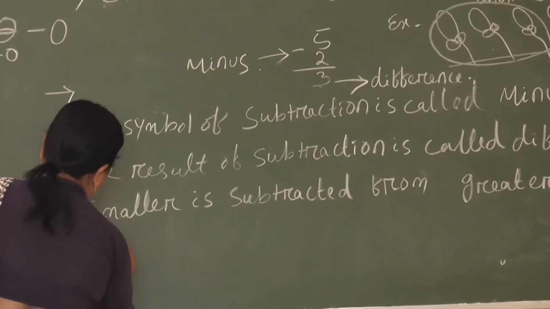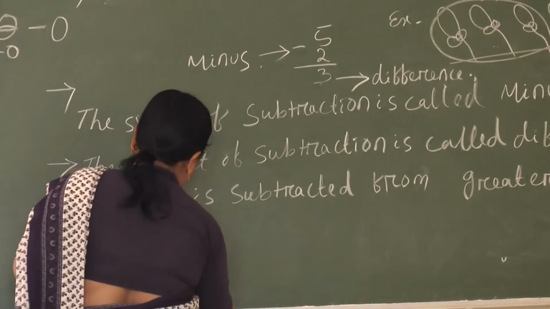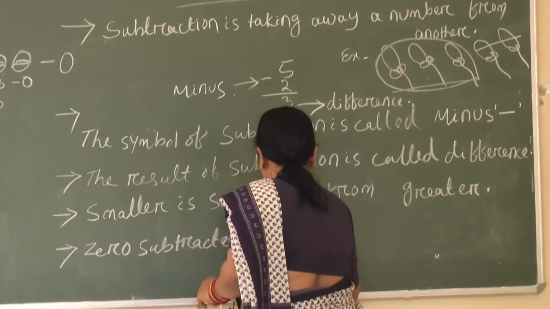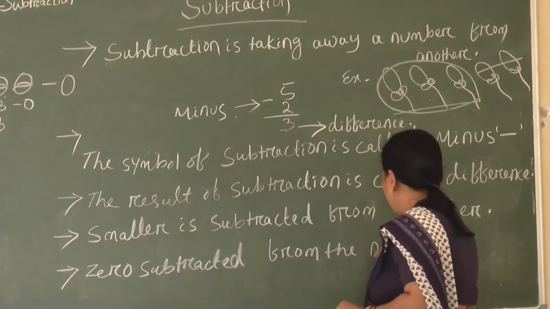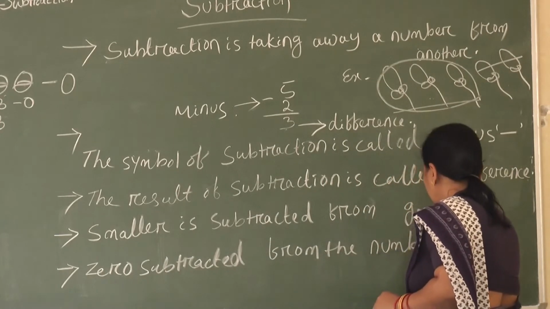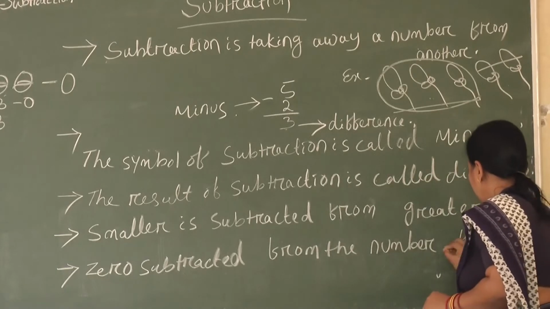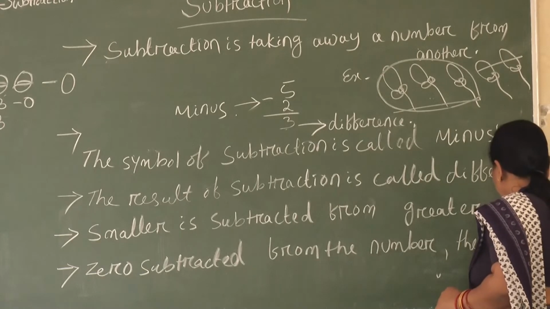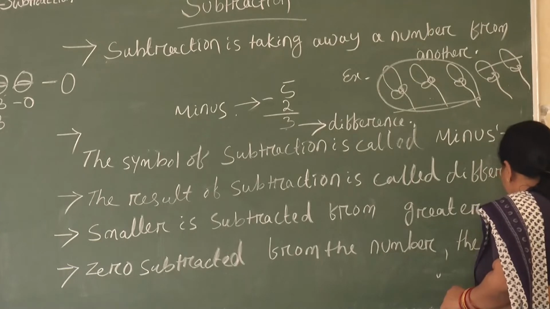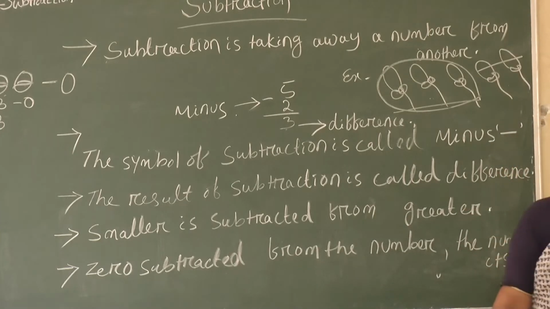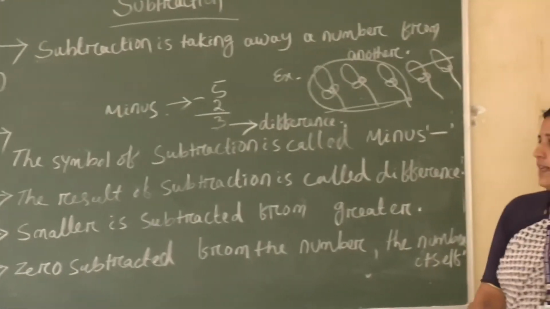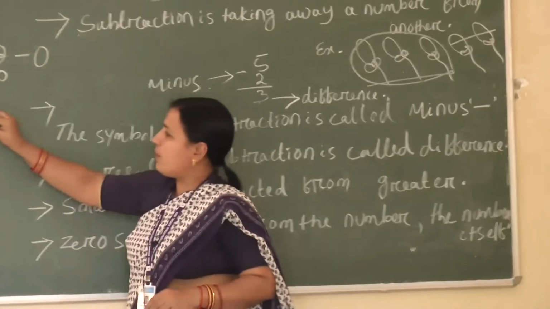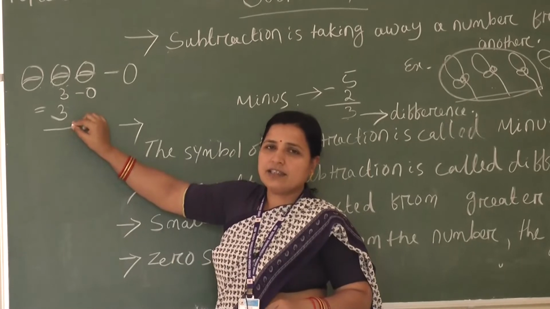If you subtract 0 from a number, the result, the difference, has no change. That number will be the difference.